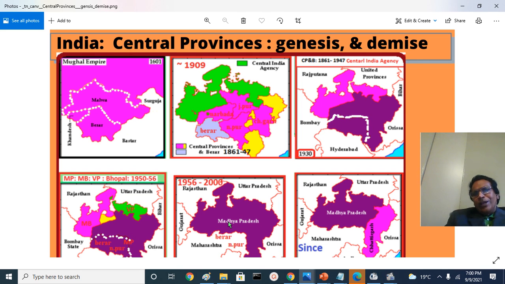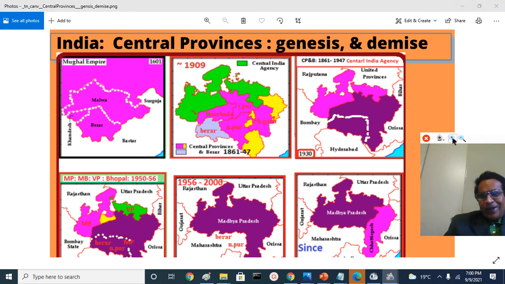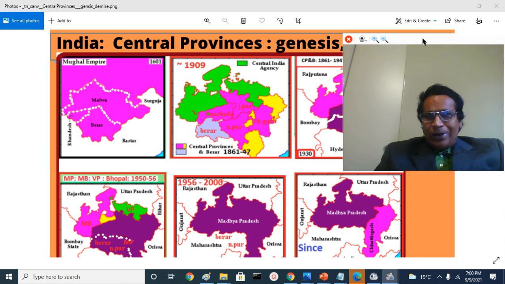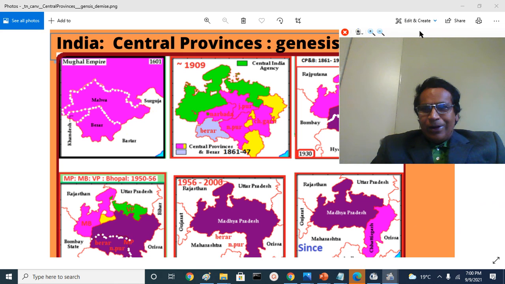That's how in 1956, at State Reorganisation Committee time, the state, the Central Provinces, now called Madhya Pradesh 2, this is Madhya Pradesh 1. So finally, in 2000, it ceded a lot of area.